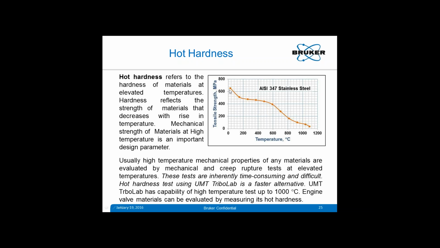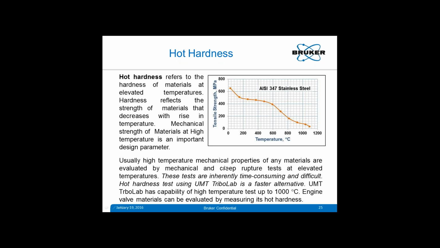In this view graph, you can see this is for 347 stainless steel. If you increase the surface temperature, the tensile strength, which is the mechanical strength of that material, drops. It decreases. This tensile strength is more or less equivalent to hardness with some multiplier.